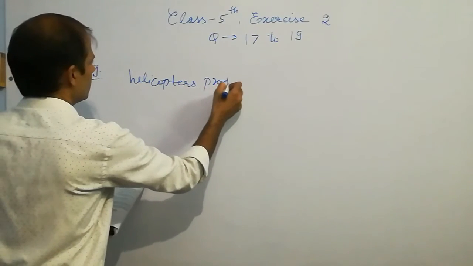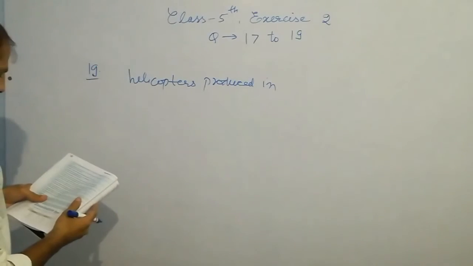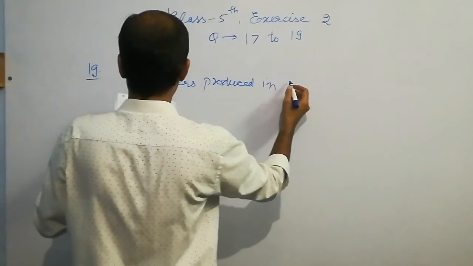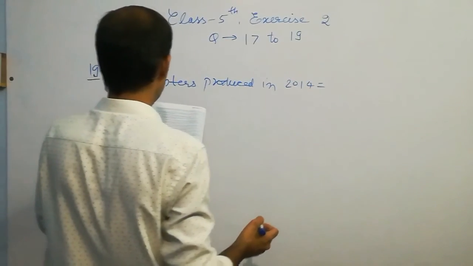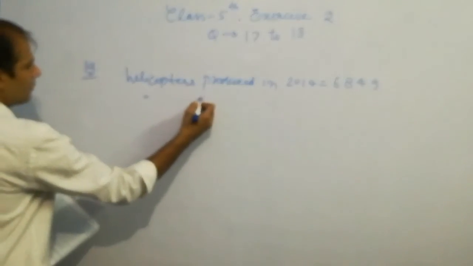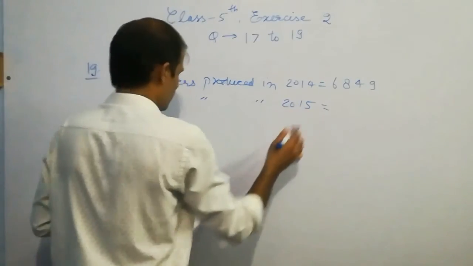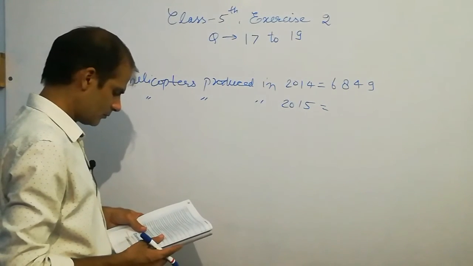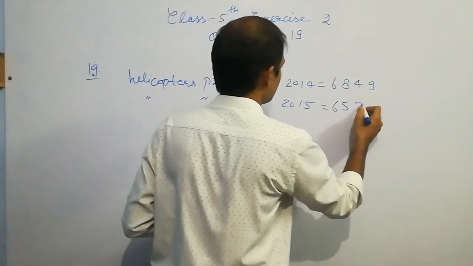Helicopters produced in 2014 equals 6849 and helicopters produced in 2015 equals 6574.